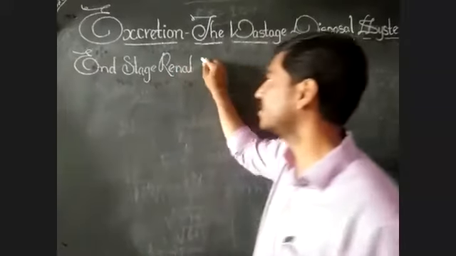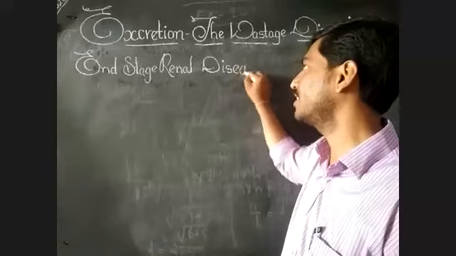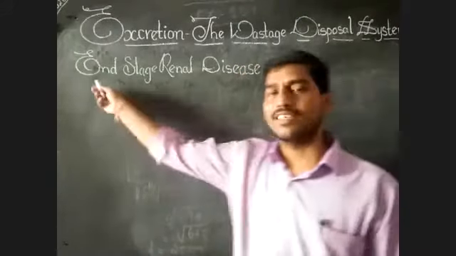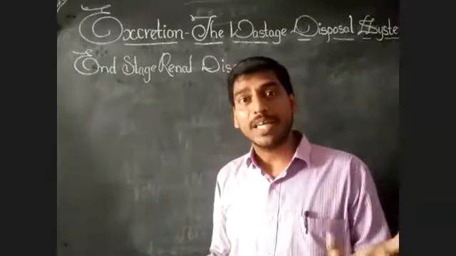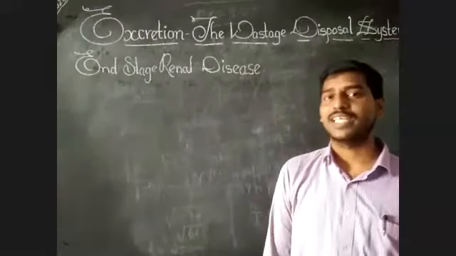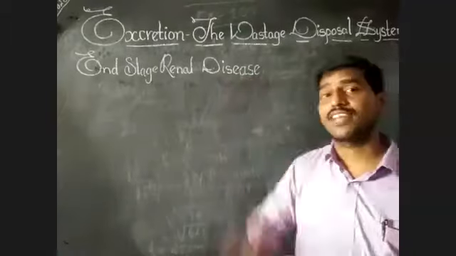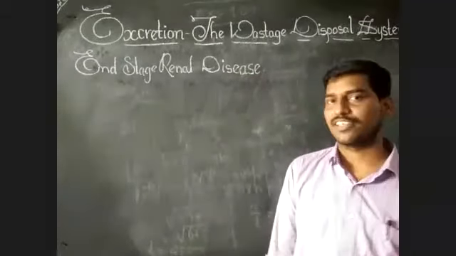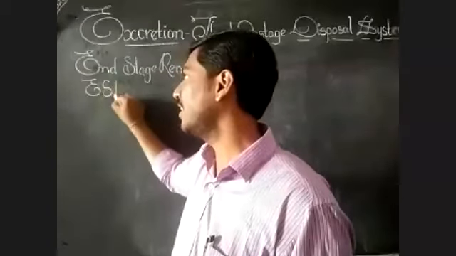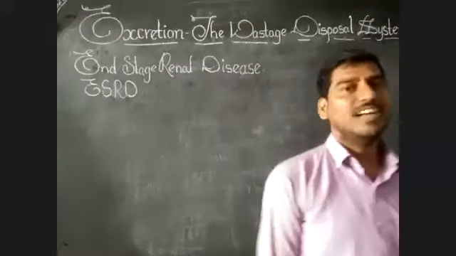I hope I am audible to you all. So it has become the end of the functioning of the kidneys. It has reached an end stage, and that is called a disease, a disorder. In short, we denote it as ESRD, end stage renal disease.